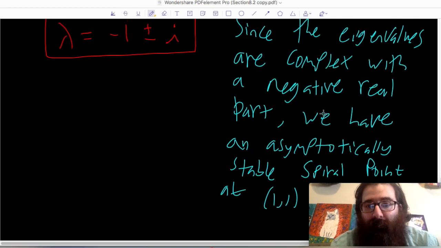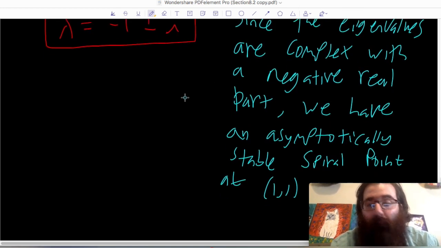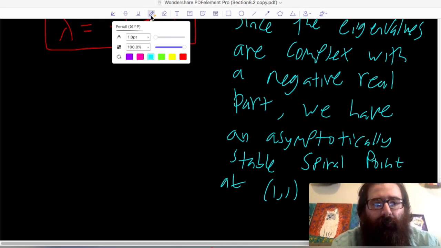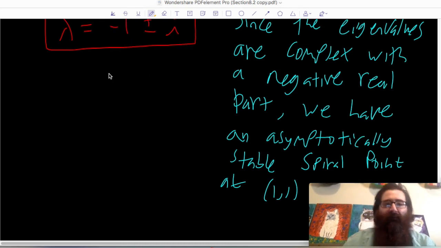So since our eigenvalues are complex with a negative real part, we're stable. That means we have an asymptotically stable spiral point. If you want to think about using some of those other key terms, we could say it's a spiral sink, which I think is cool to say. If you're kind of hip with that lingo, then yeah. And remember that this really comes from how these general forms look.